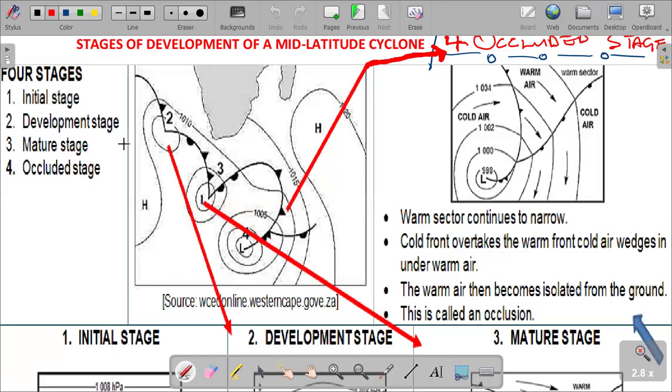So in our diagram there, we have got stage 2 there. We have got our stage 3, which is shown this side.